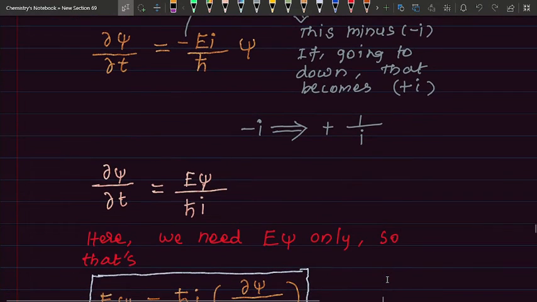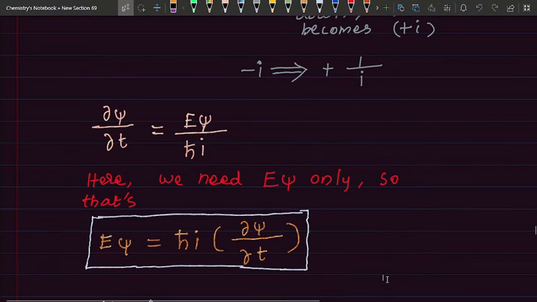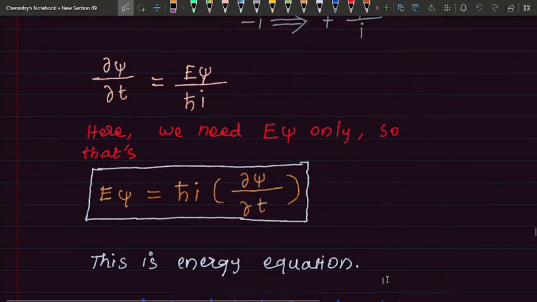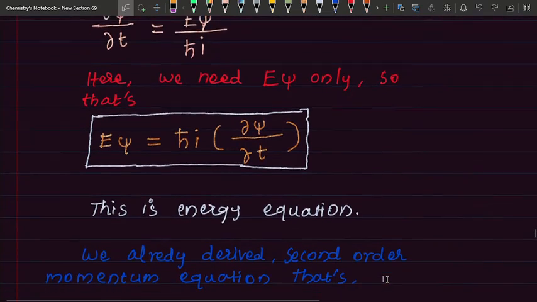Here ∂ψ/∂t = Eψ/(ħ i). We need Eψ only, so Eψ = ħ i ∂ψ/∂t. This is the energy equation.